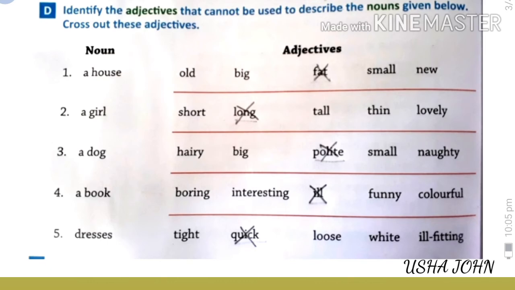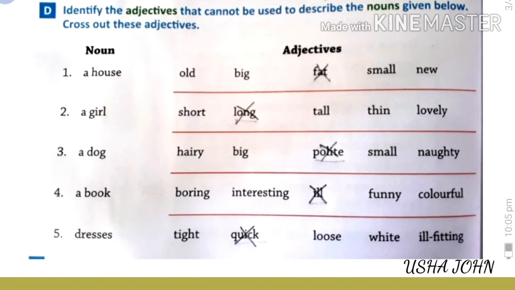Third one, a dog. Hairy dog, big dog, small dog, naughty dog. All the adjectives are suitable for the noun dog, except the adjective polite. Polite dog is not suitable for that noun. Fourth one, a book.